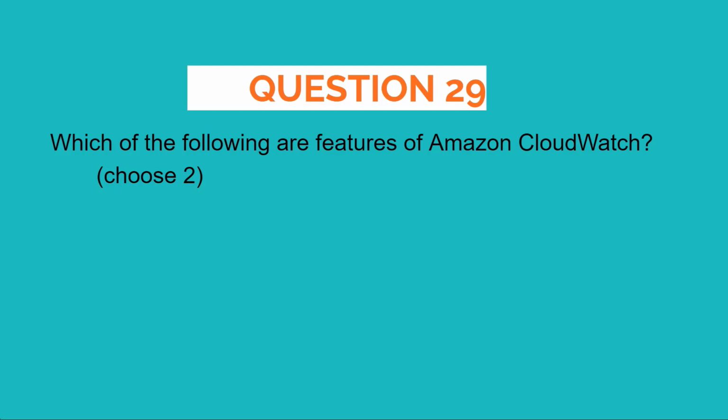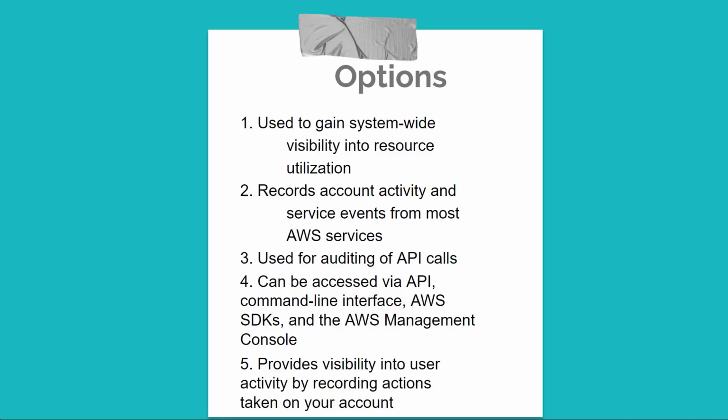Question 9. Which of the following are features of Amazon CloudWatch? Choose 2. Option 1. Used to gain system-wide visibility into resource utilization. 2. Records account activity and service events from most AWS services. 3. Used for auditing of API calls. 4.